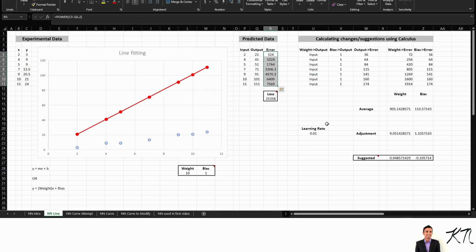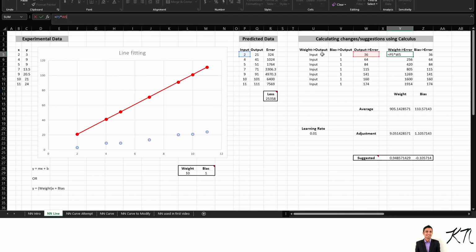How you do that is called the chain rule in calculus. You essentially multiply. So weight changes output by the input, and then output changes error by this. So you multiply these two together to get how much weight changes error. And that's what we've done here.